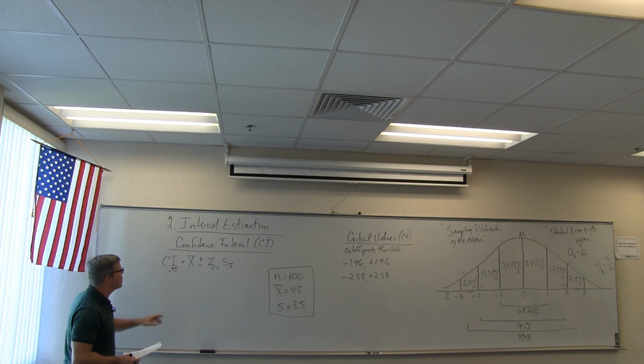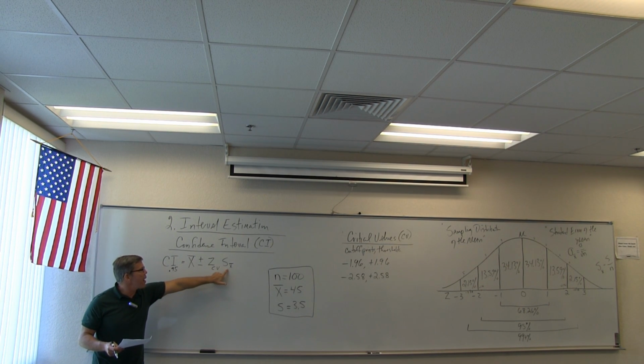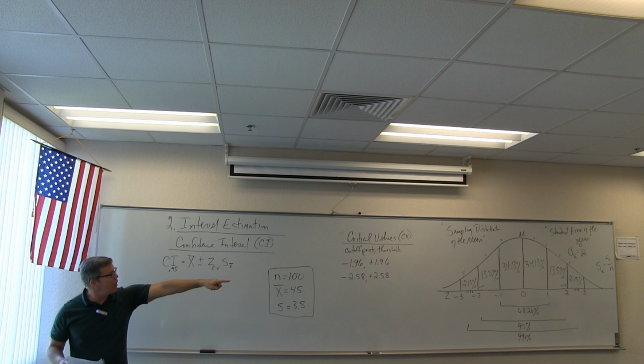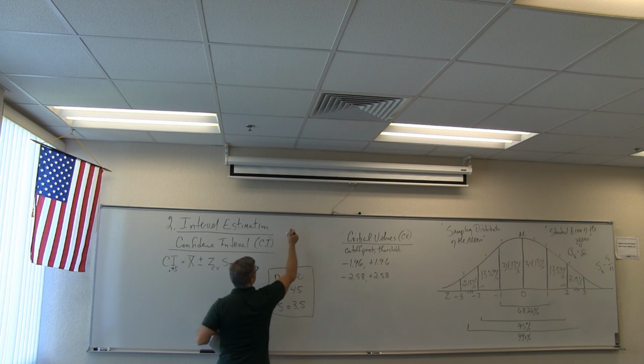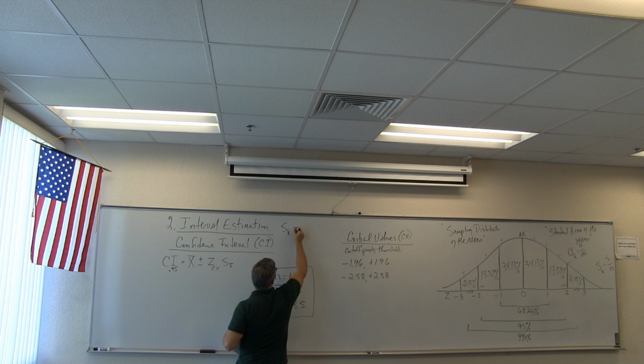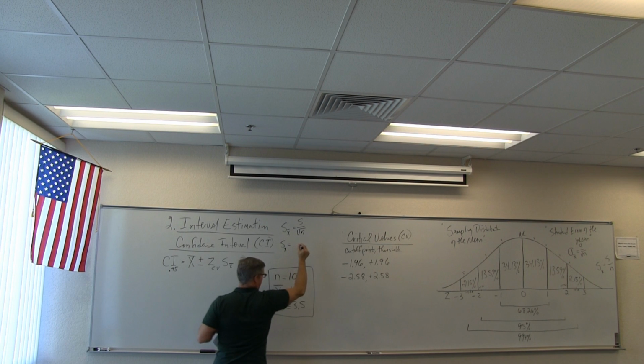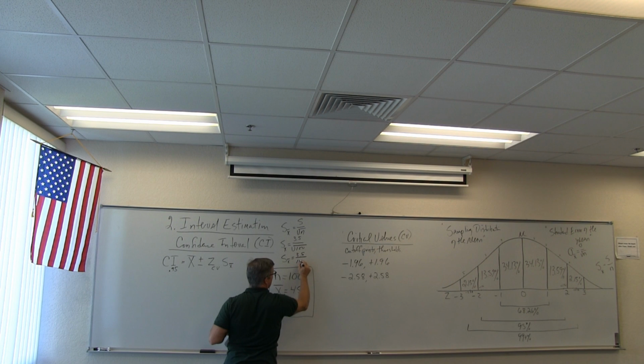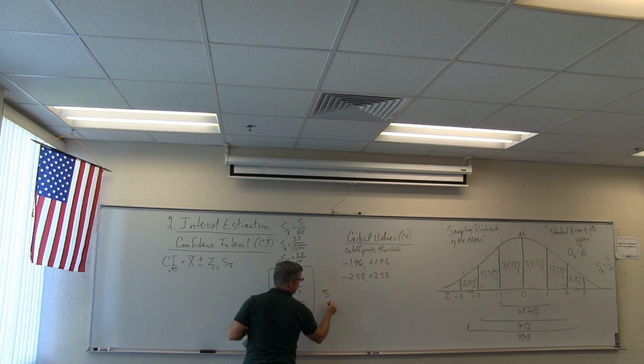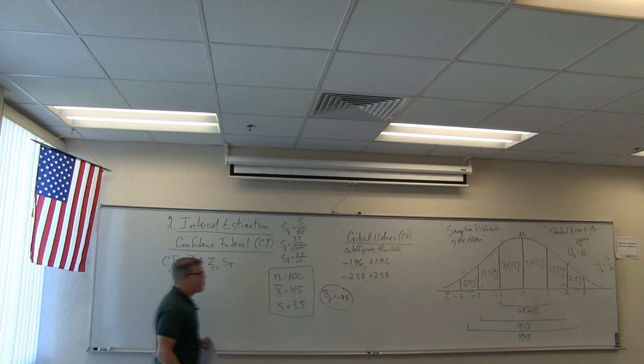Let's compute this confidence interval. It requires the standard error of the mean. Look at the formula over there. Let's compute this really quickly. Standard error of the mean is s over the square root of n: 3.5 over the square root of 100. It's 3.5 over 10. The standard error of the mean is 0.35.